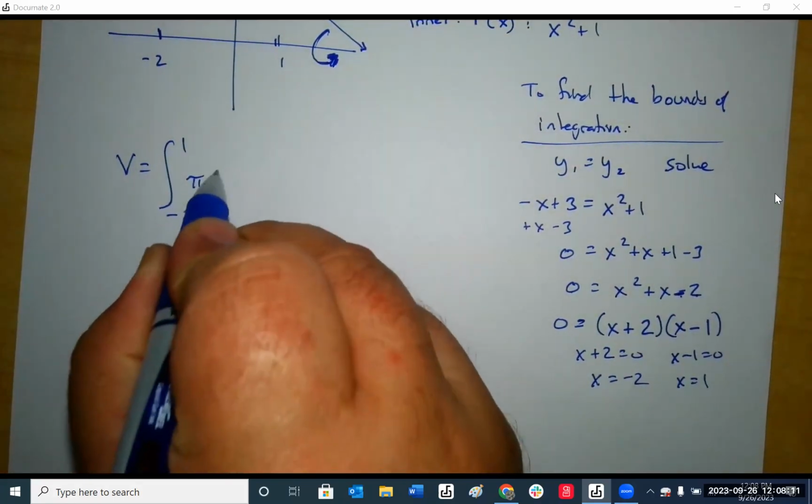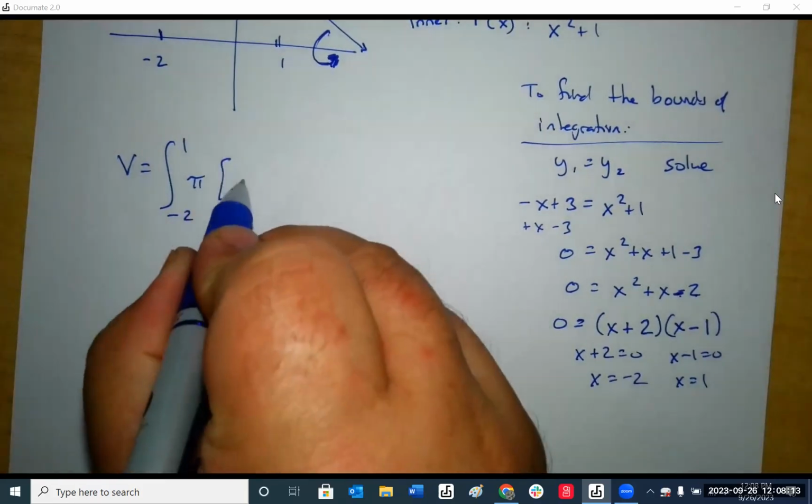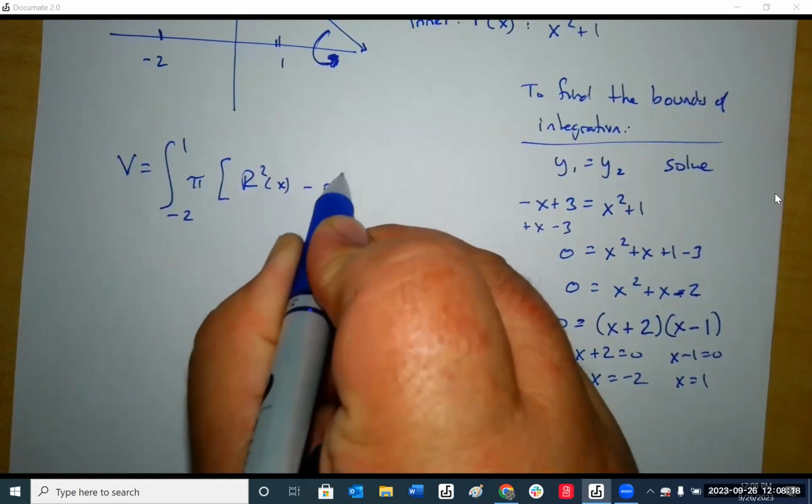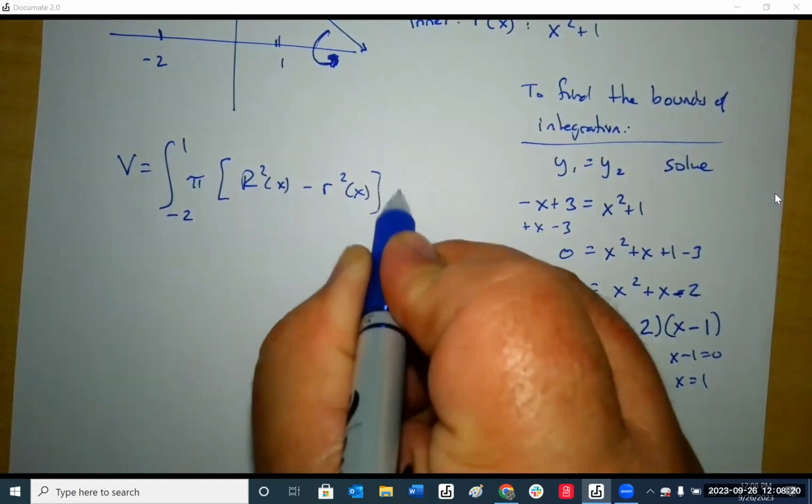So the formula is pi times the integral of large R squared of x minus little r squared of x, dx.